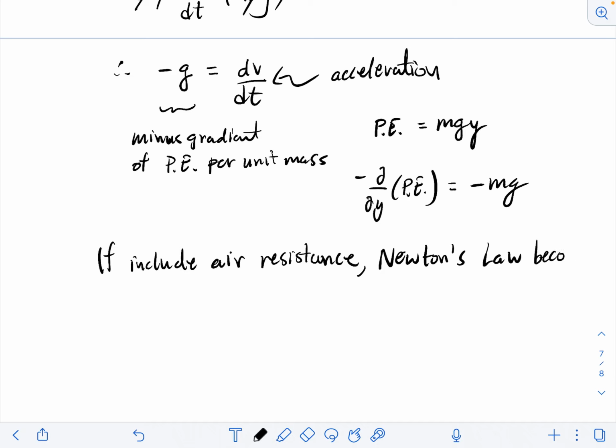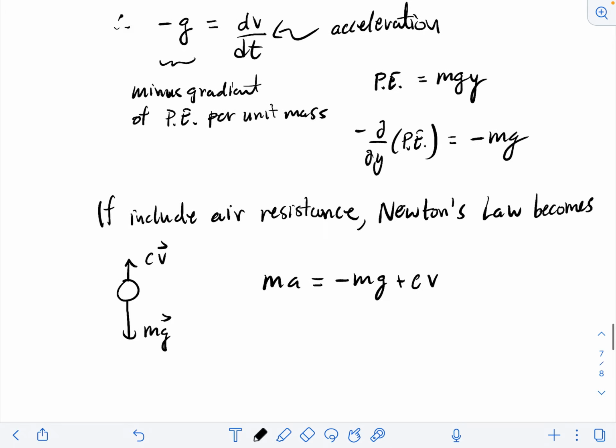So let's say we had a free body diagram. Here's the gravitational force, and maybe we have some drag force that's proportional to velocity. If we write down Newton's law, F equals ma, where F is the net force, then let's say minus mg plus cv.